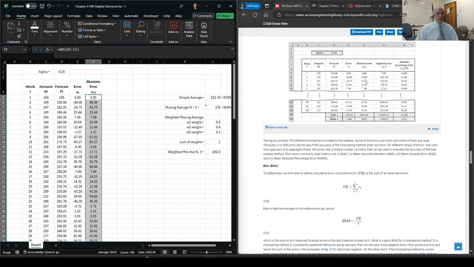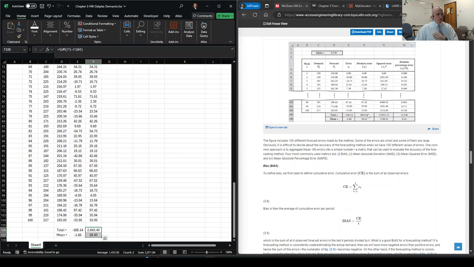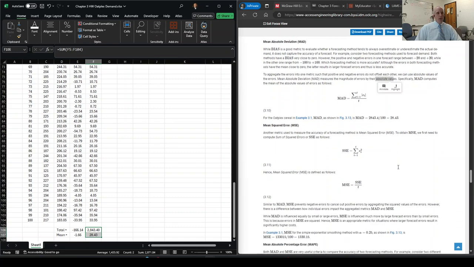That's right. We're basically taking all the negatives, making them positive, and keeping positives positive. And we're going to sum that up. Just like we've done before, we'll come down here and we'll sum and average. And we should get 2843.40. Great. These look like they align with the book. So far, so good. What that tells us is the mean absolute deviation is 28.43.